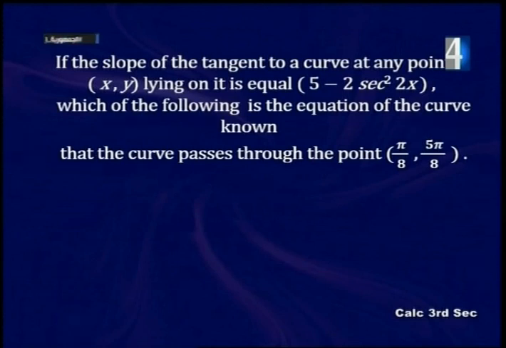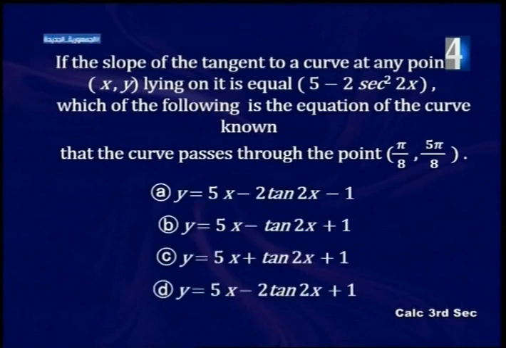The equation of the curve: y equals 5x minus 2 tan 2x minus 1, y equals 5x minus tan 2x plus 1, y equals 5x plus tan 2x plus 1, or y equals 5x minus 2 tan 2x plus 1.